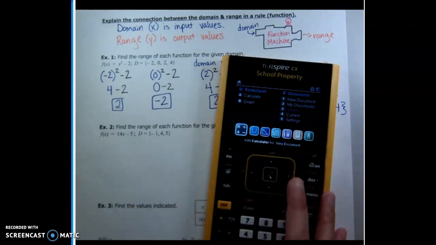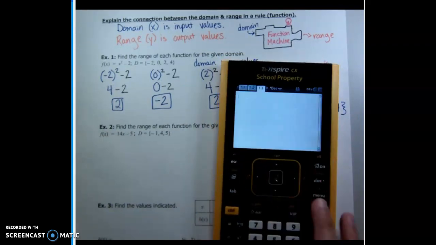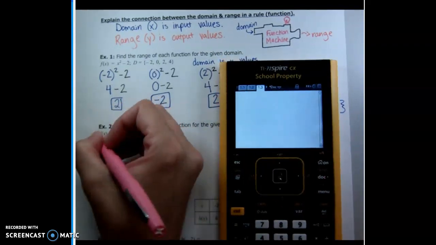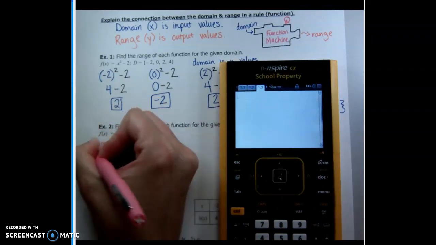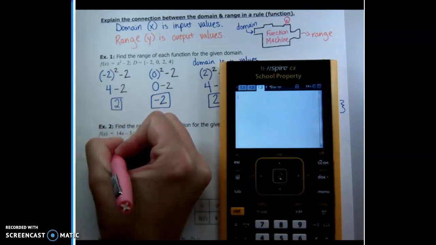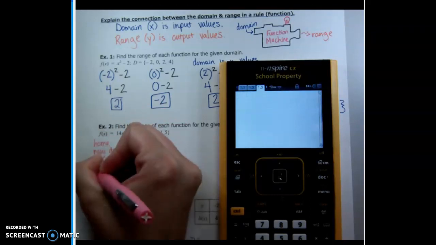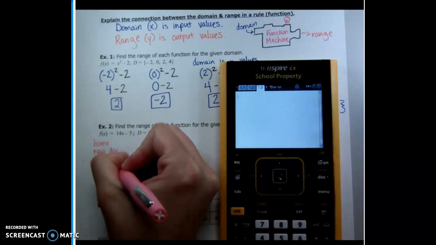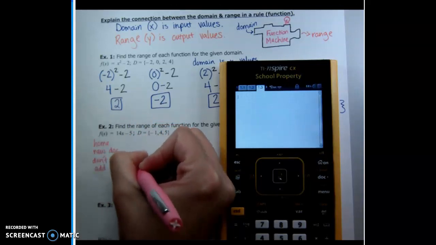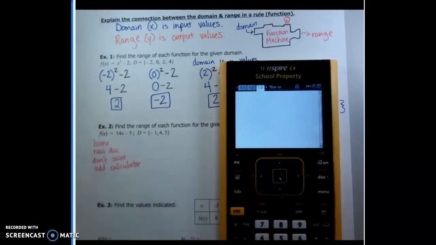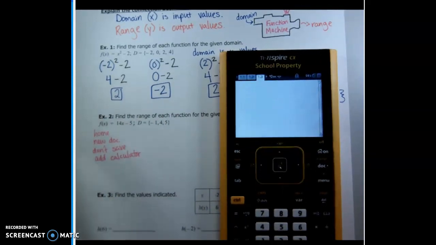Home, new doc, don't save. We're going to add a calculator page. I didn't have to do that because I was already in a calculator page. That'll make sense later on when we're using a graph page.